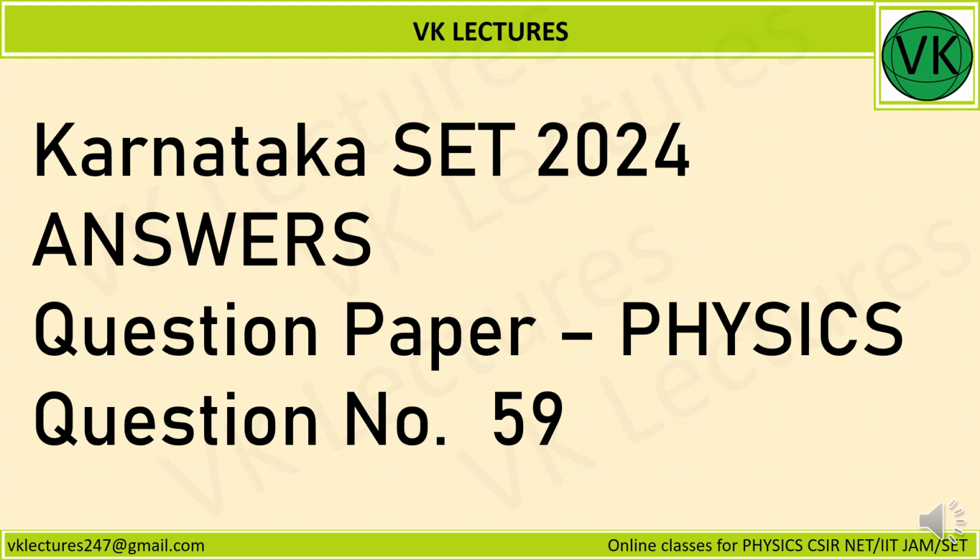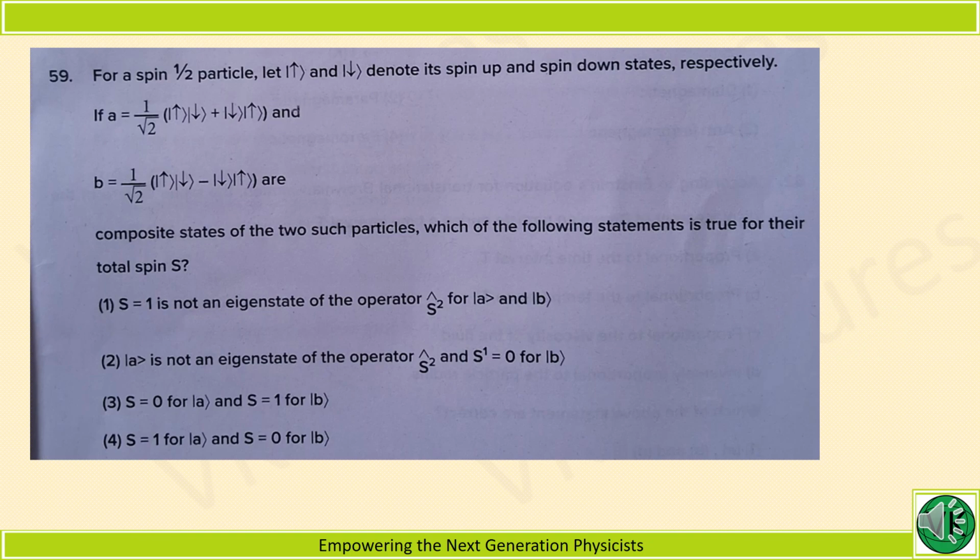In this lecture, we will be discussing question number 59. For a spin half particle, let up and down denote spin up and spin down states respectively.